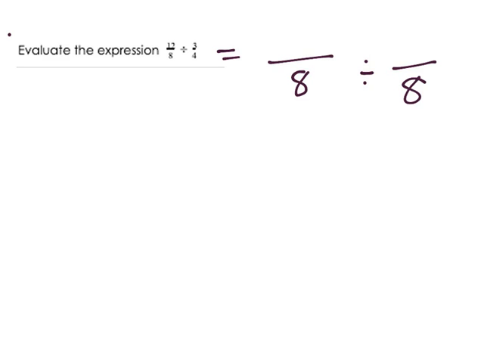I know that both numbers are multiples of 8. So I ask myself, how do I get from one denominator to the new denominator? If I am going from 12/8 to something out of 8, I'm staying the same. 8 divided by 8 is 1, so 12 times 1 is 12.